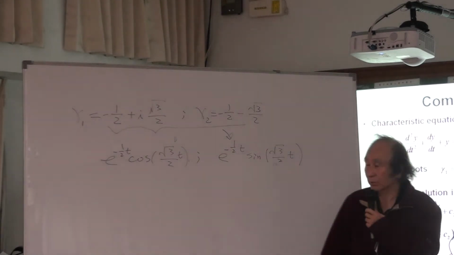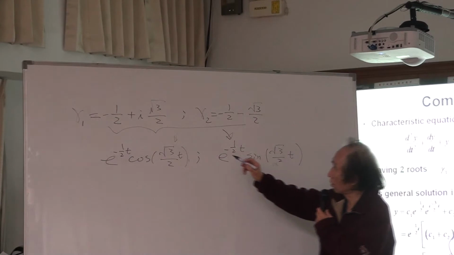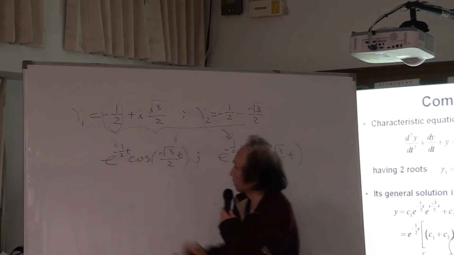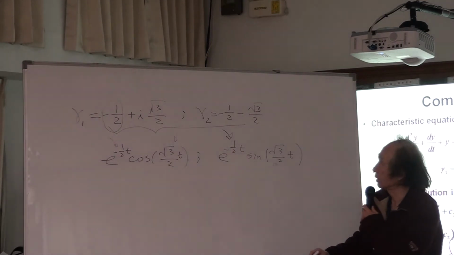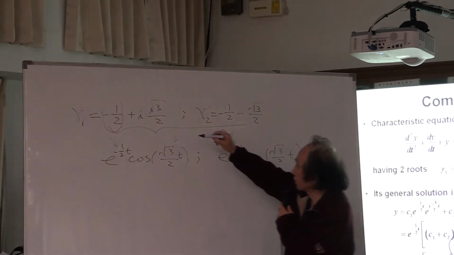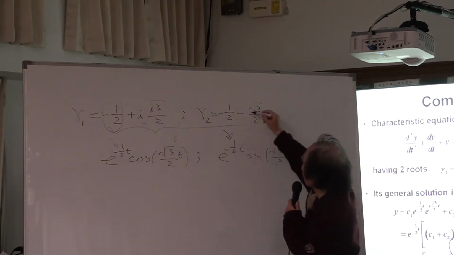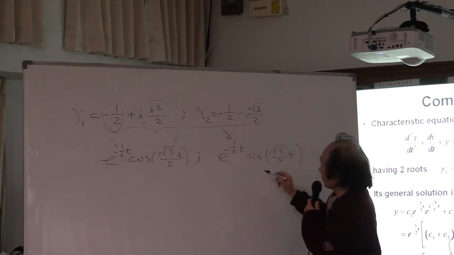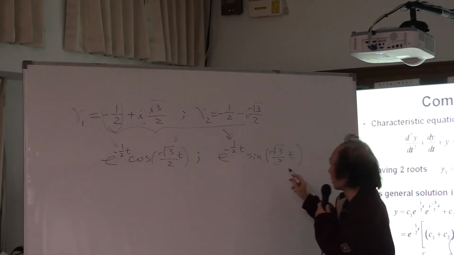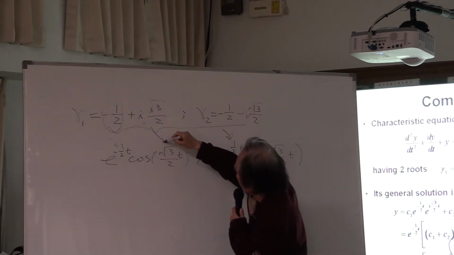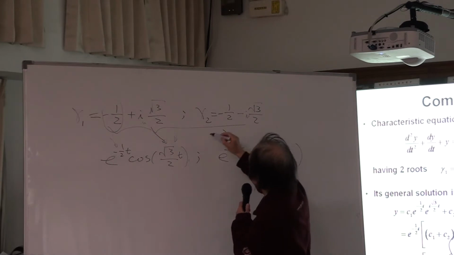And these two functions are all real. This real part becomes exponential minus half t. The imaginary part gives us cosine and sine.